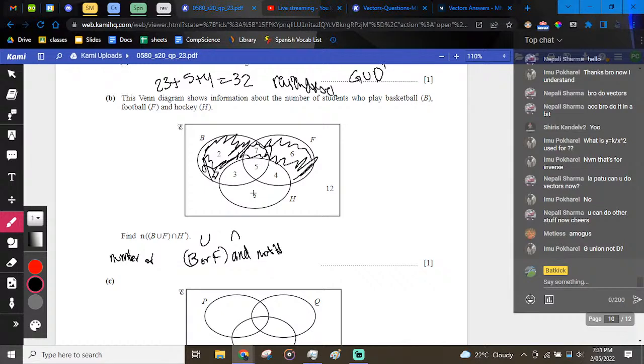The total number in those is 2 plus 7 plus 6, 9 plus 6, 15.